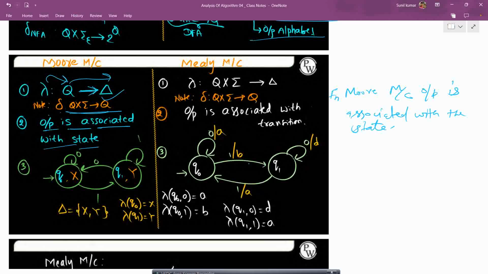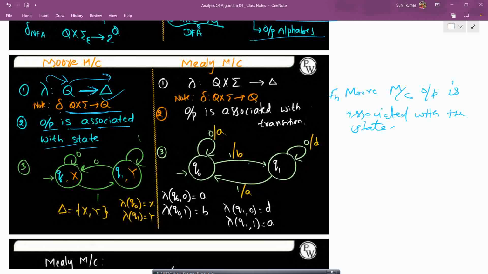Say this state is q0 and the output of this state is x, and q1 is another state, for state q1 the output is y. So if we are at state 1 and we get the input 0, we will remain at state 1, but the output we will give is x. At 1 the output is y, and so on and so forth.